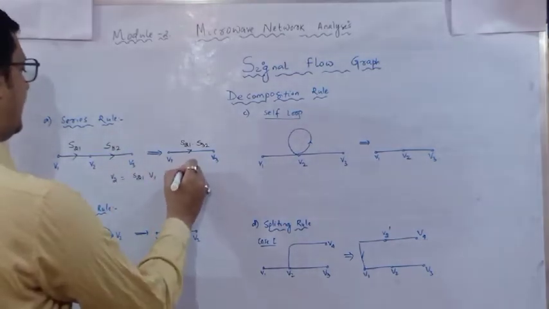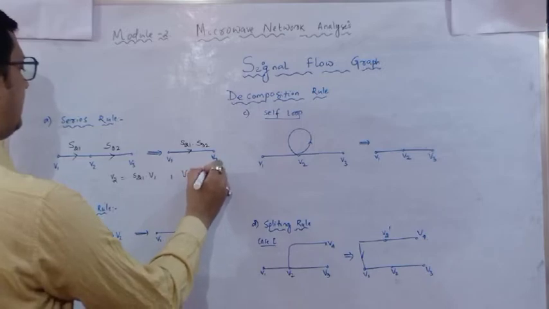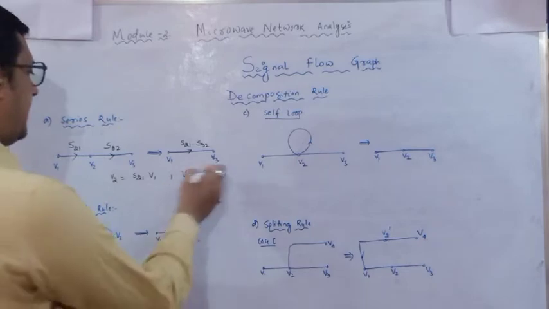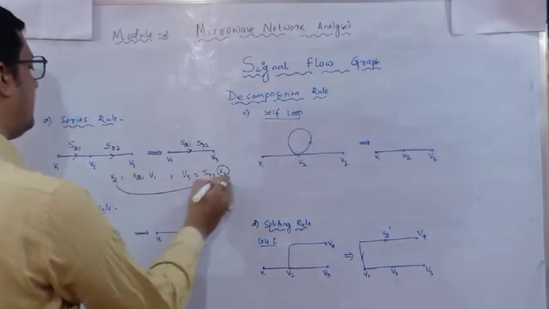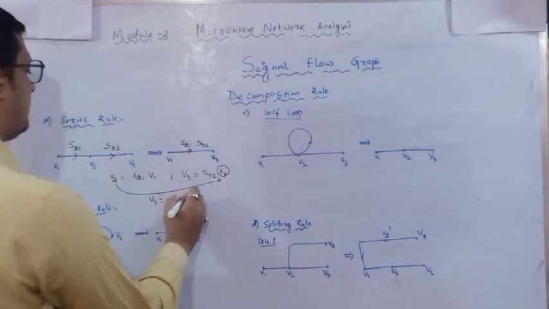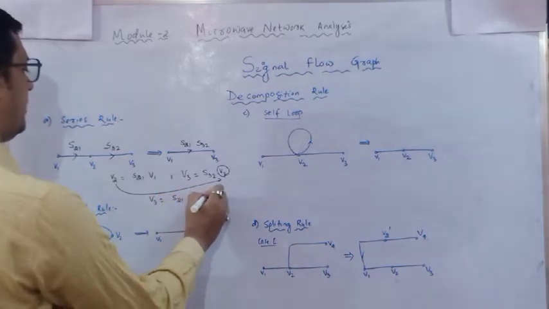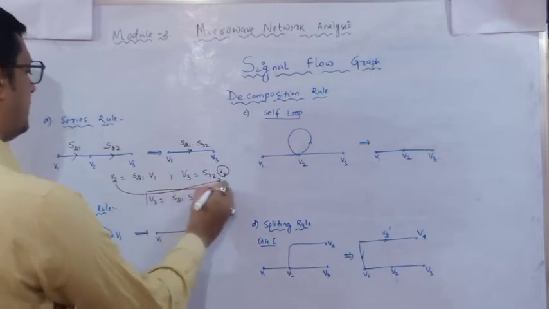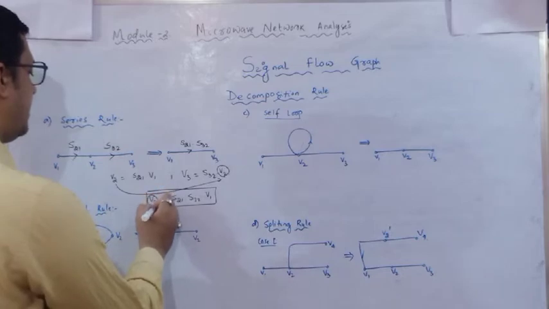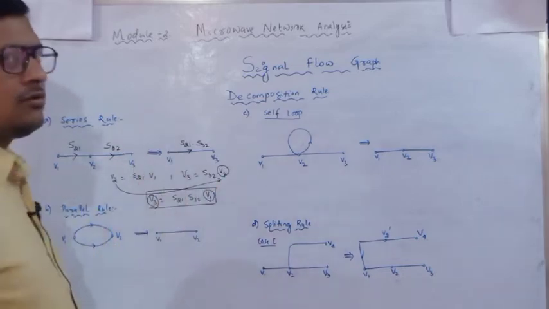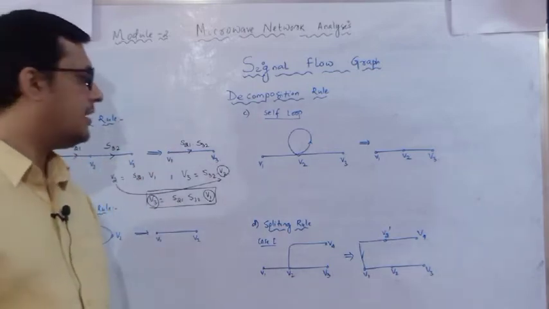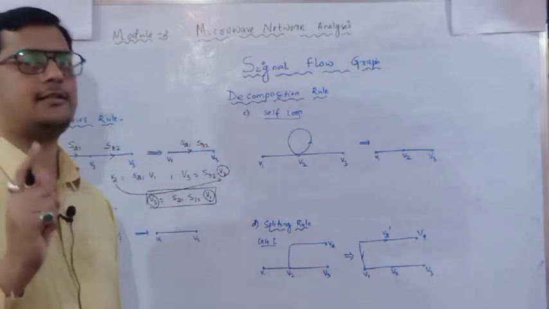And second is V3 is equal to S32 into V2. Now in place of V2, substitute this value. You will get V3 is equal to S21 into S32 into V1. So this is my relation. Yes, am I getting it or not? It forms a relationship between V3 and V1, with the total product of the scattering parameters S21 and S32. So this is called the series rule.